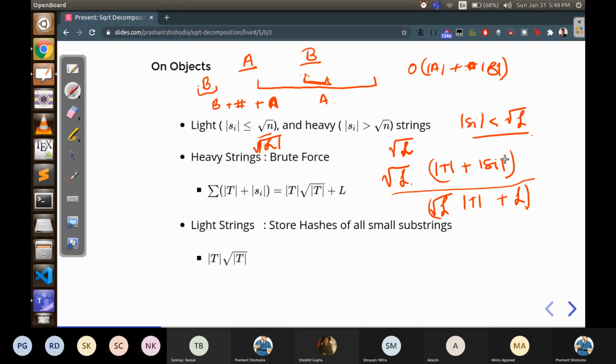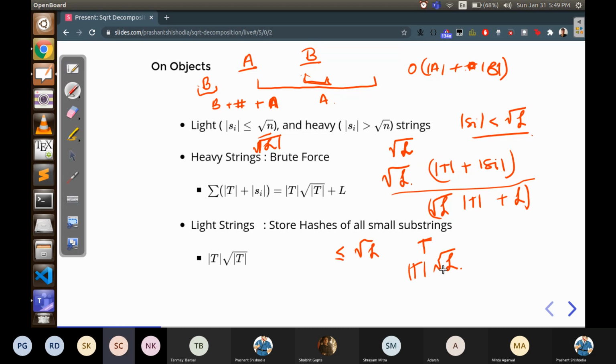And for the light strings, what I can do is, for all the substrings of size less than or equal to root L of my original string t, there can be only mod t into root L such substrings. So for all these substrings, I'll store their hashes and I can compare them.